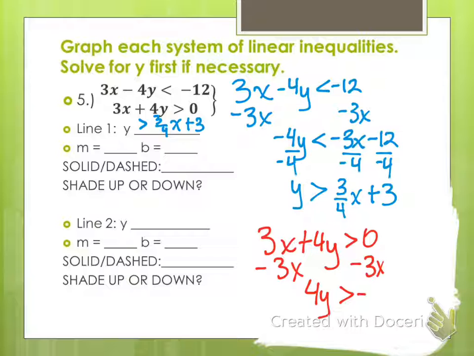Leaves me with 4y is greater than negative 3x. If you would like to put the plus 0, you can, but you do not have to. Lexi, what else do I need to do? Divide by 4. Does our sign need to flip? No. So we just have y is greater than negative 3/4 x.